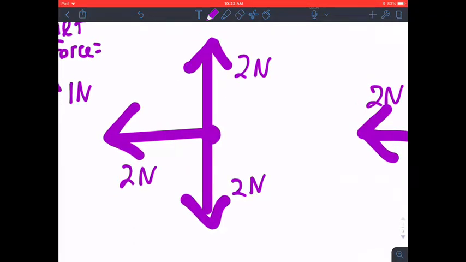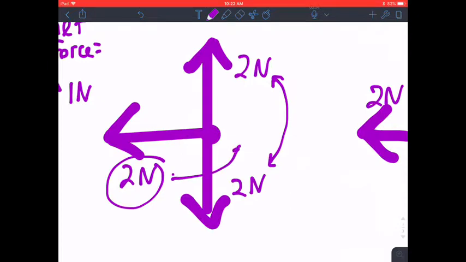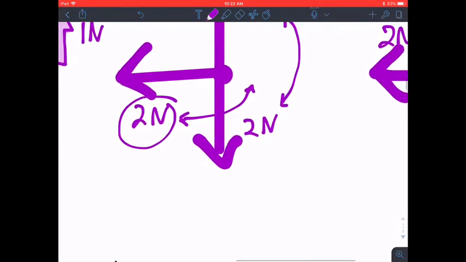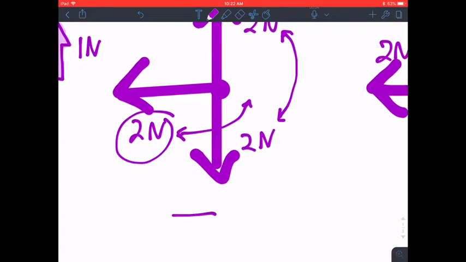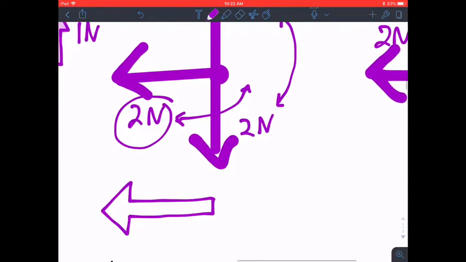In this situation, we have two forces that are opposite each other, and they are equal. So in that direction, there is no net force. But this force has no force opposite to it, and so it is greater than its opposite force. And in this situation, there would be a net force of 2 newtons to the left.